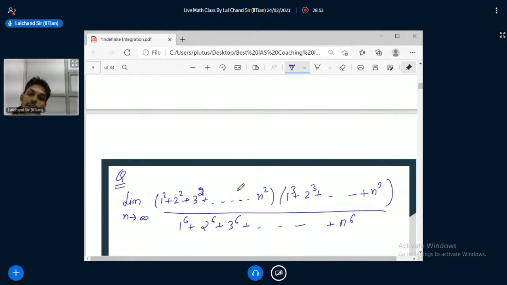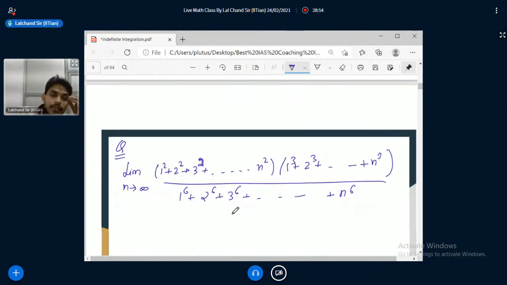Can you calculate this limit now using the same concept?